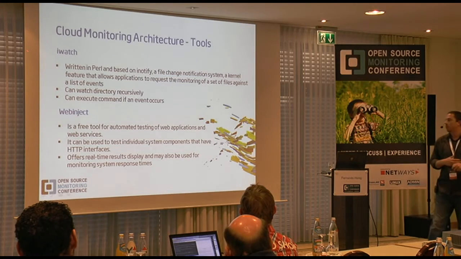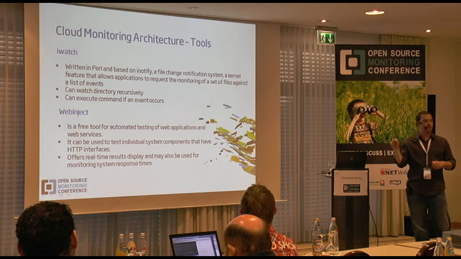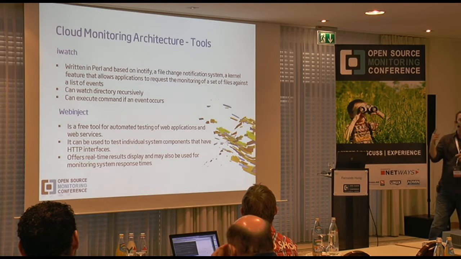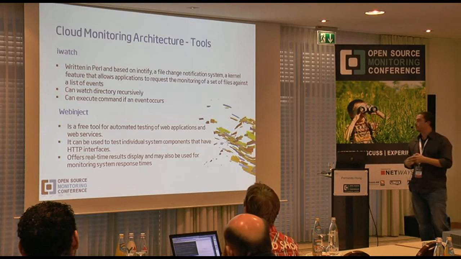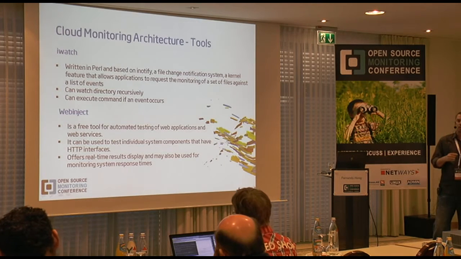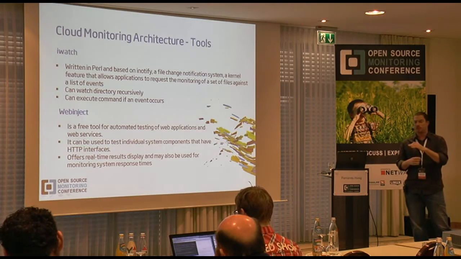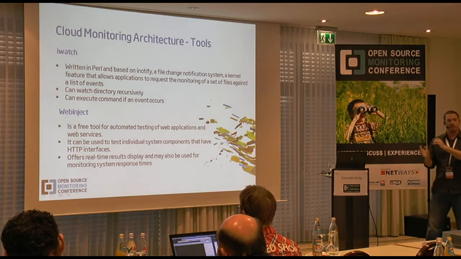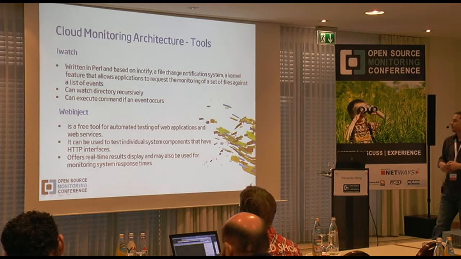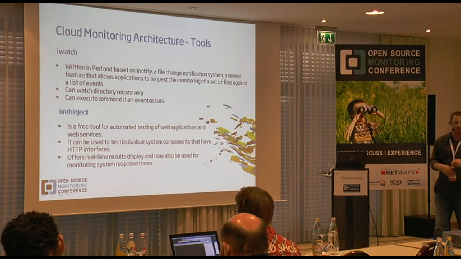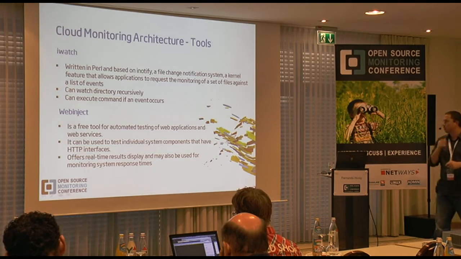You just need to configure iWatch to watch, let's say, /usr/local/nagios/etc, and every file that is modified there, iWatch will reload Nagios. The good thing is it can watch directories recursively. So if you put just the etc from the configuration, anything below that directory that is modified will reload Nagios. It could be used for other things. I just use it for this.